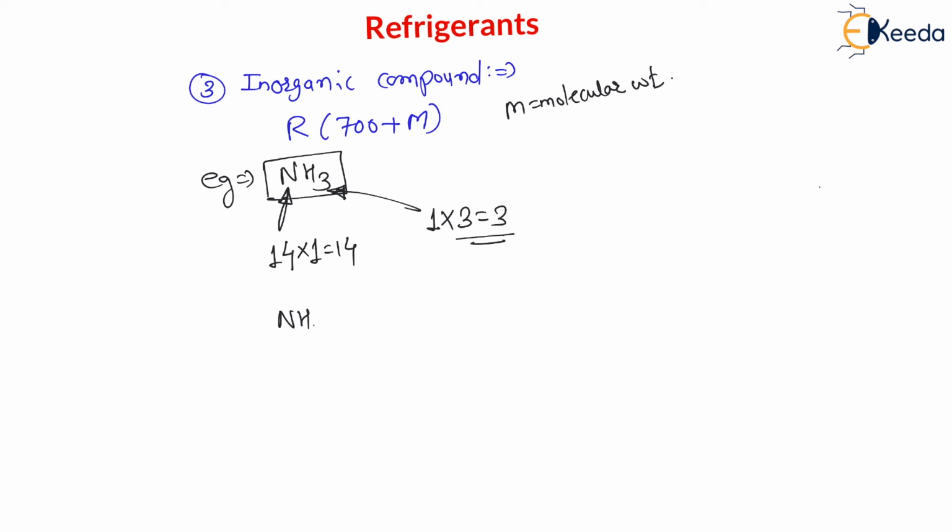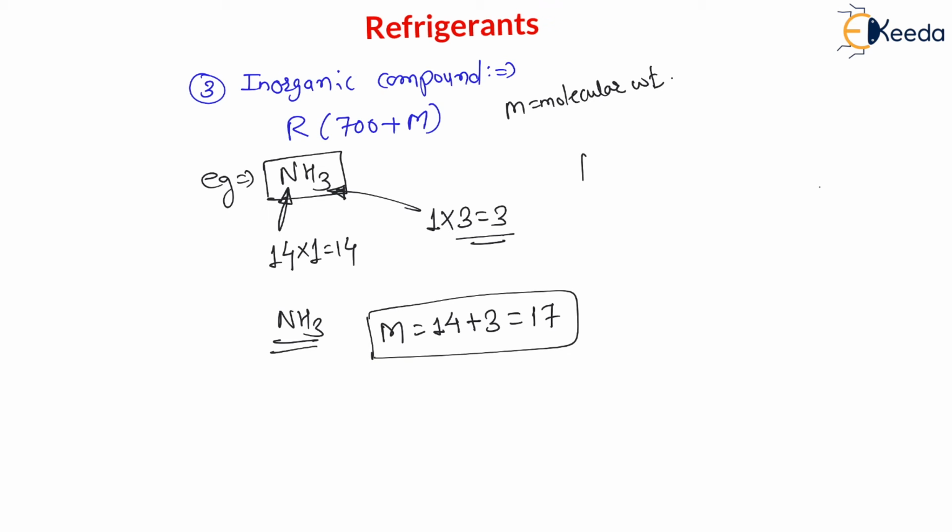Therefore for NH3 the molecular weight will be nitrogen 14 plus hydrogen 3, which is equal to 17. Therefore the refrigerant will become R 700 plus 17, written as R717. The meaning of R717 is nothing but NH3.